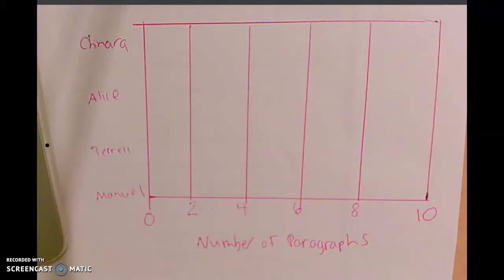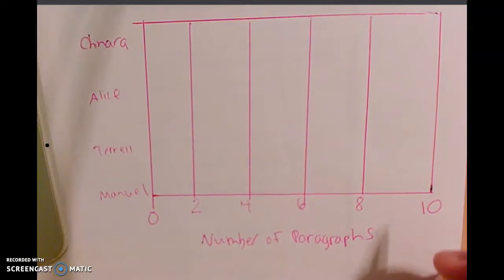Now, the directions also say that it should be horizontal, so we're doing that. And then there should be 2 bars for each student. Why should there be 2 bars for each student? Right, because they wrote 2 stories each, and we need to show the score that they got for each story. So then we need to come up with a little legend.